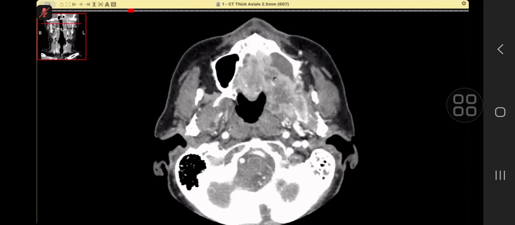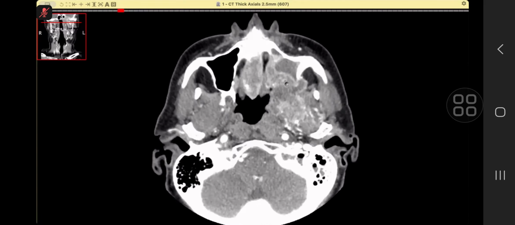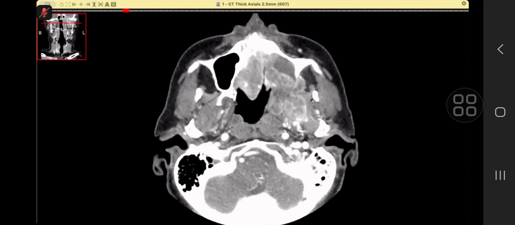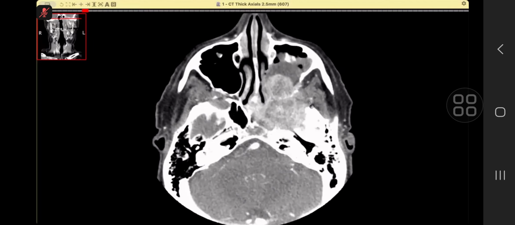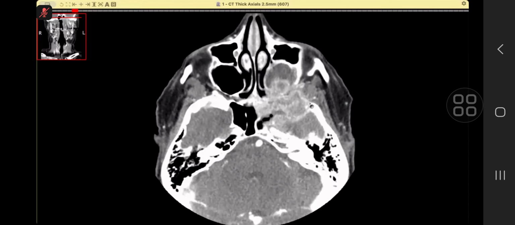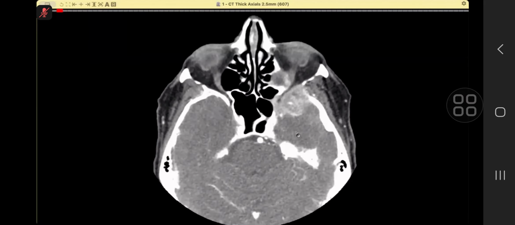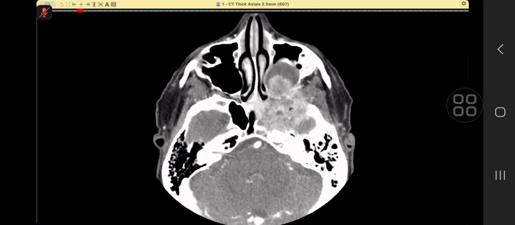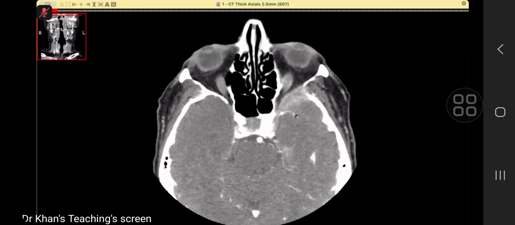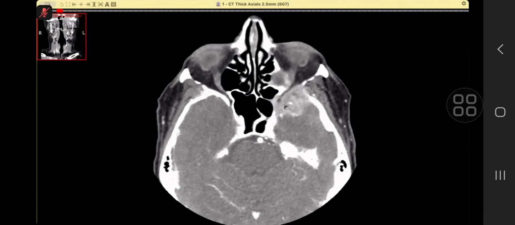So I would have been very impressed if that was mentioned. It is skewed here, and this is the enhancing lesion, and this is the masticator space, and here it goes into the cranial cavity. So this is the temporal lobe sitting here. And even without a bone window, one can see that it has gone inside. And of course, the pterygopalatine fossa is completely involved.